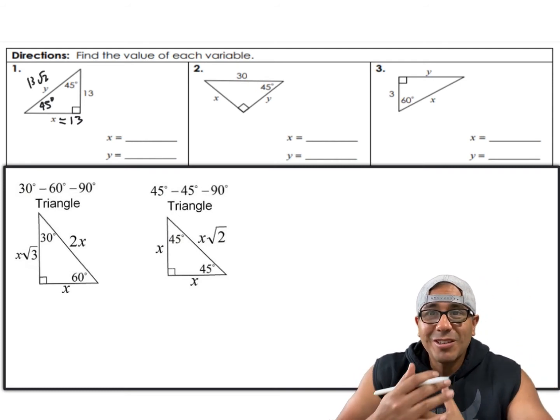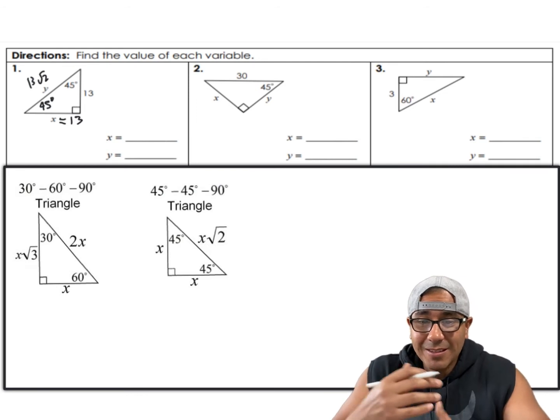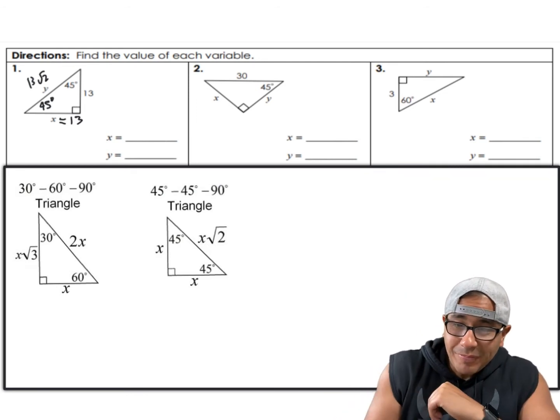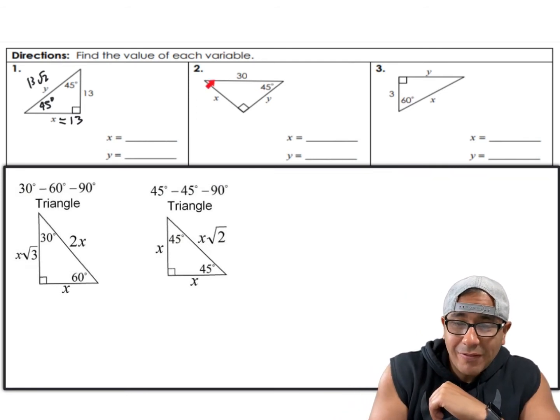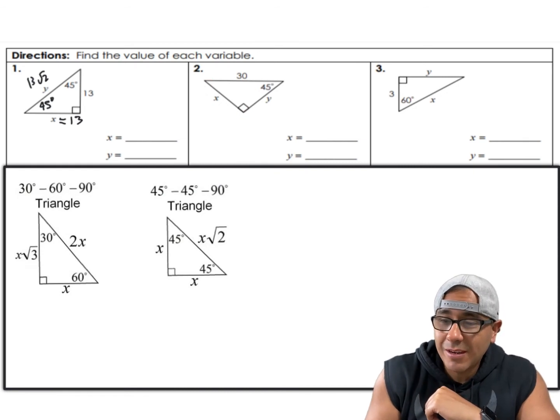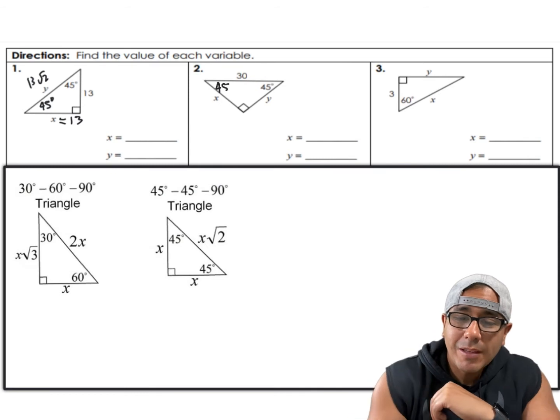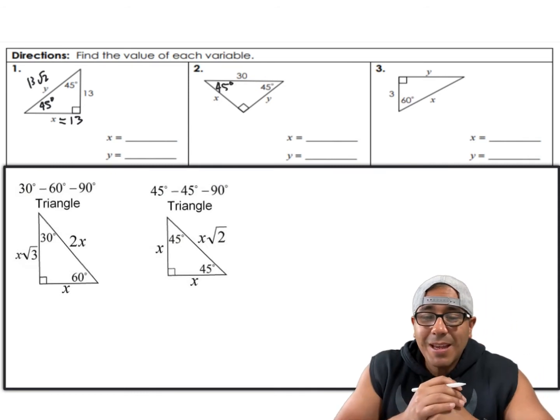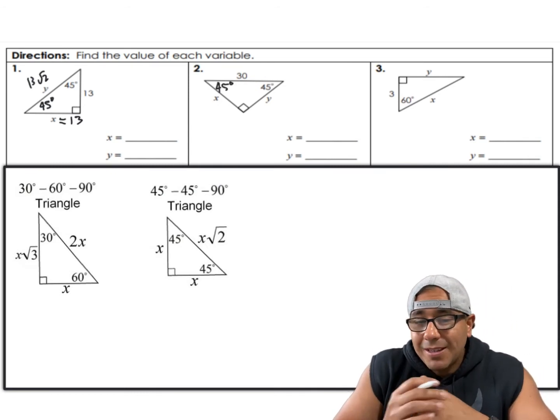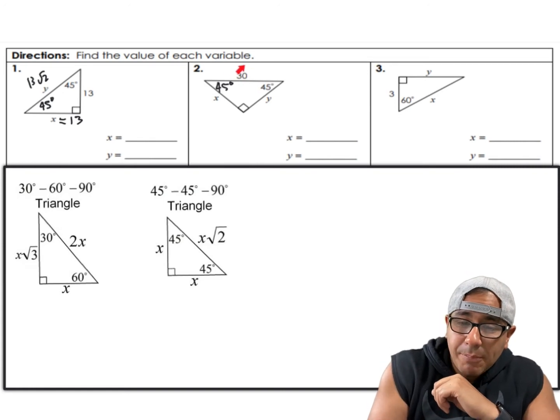All right, let's do another one so we can get the hang of this. Number 2, we have a 45, 45, 90 triangle again. Let me write that 45 degrees right there. This time it's a little different because they're giving us the hypotenuse.